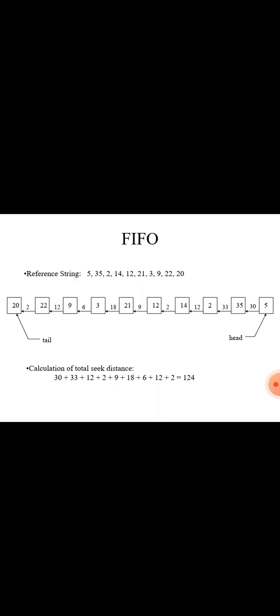First of all, the reference string is 5, 35, 14, 12, 21, 3, 9, 22, 20 and so on. The first string goes to the first level, another string to another level, and the last string goes to the last. So here the calculation of the total distance is 124.